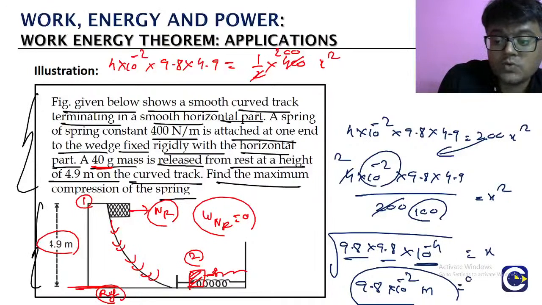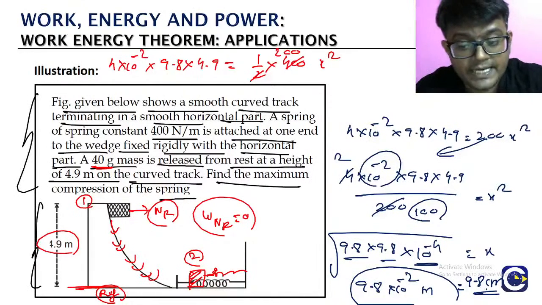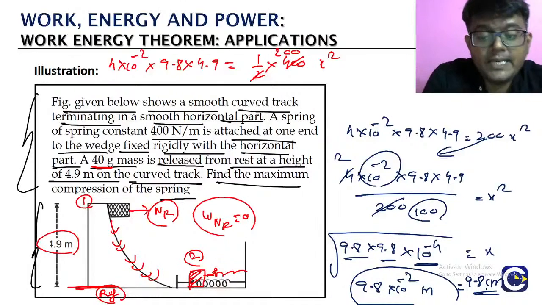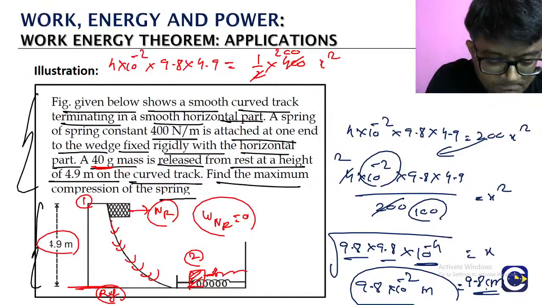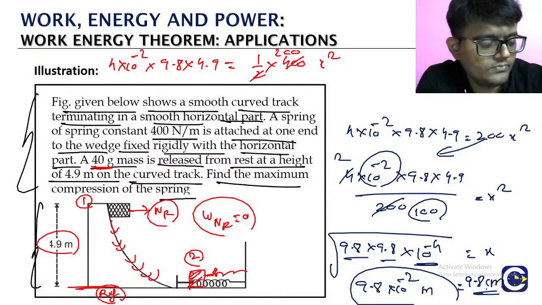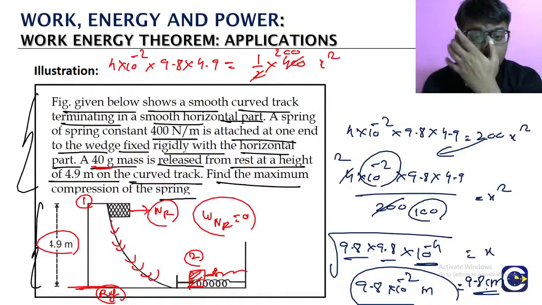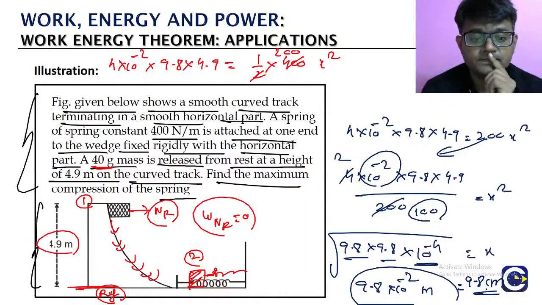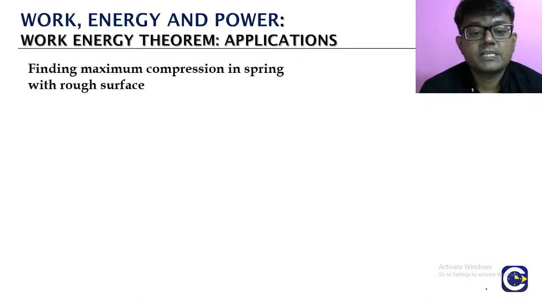We can also say it as 9.8 centimeters, because 10 power minus 2 meter means centimeter only, right? Okay guys, so this is the maximum compression in the spring.